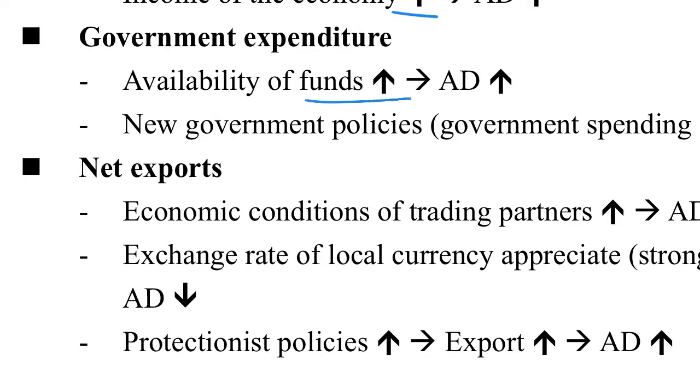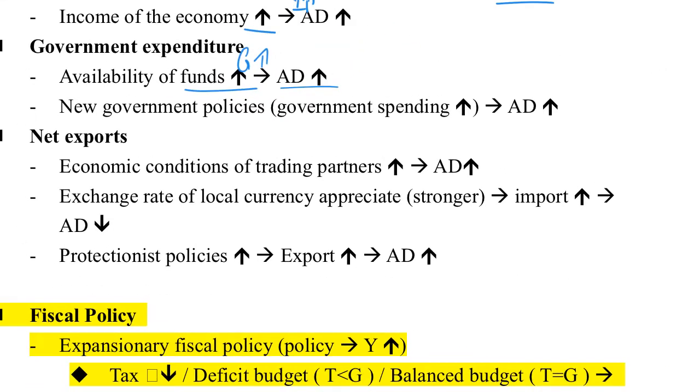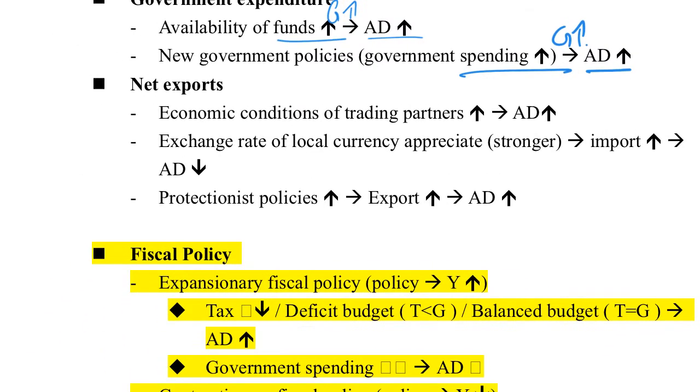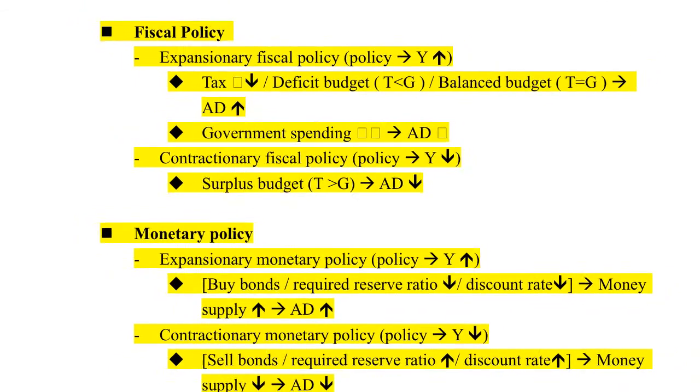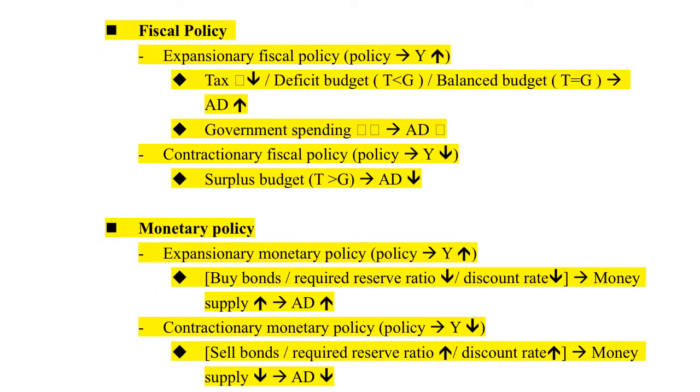And for the government expenditure, simple. If there are more funds, that means more budget, more reserve. The G will try to increase, then AD increases, and any government policy that expands the spending means G will increase, then AD increases. For the government side, I would like to go through it more. There are two main types of government policy we learned in different chapters, but actually very simple.